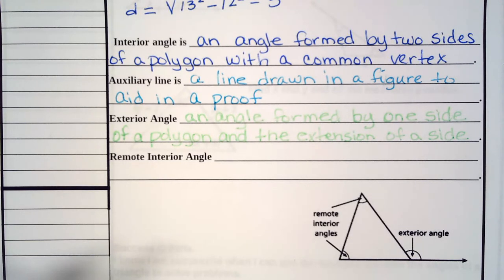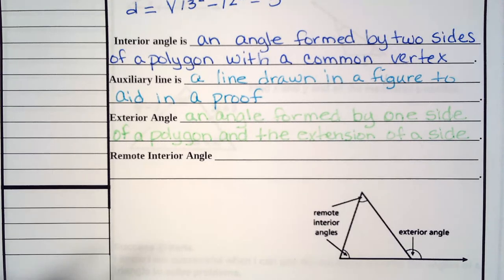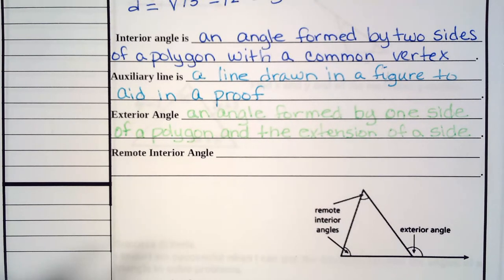Okay, the remote interior angle, usually there's two of them. In fact, there has to be two with a triangle.